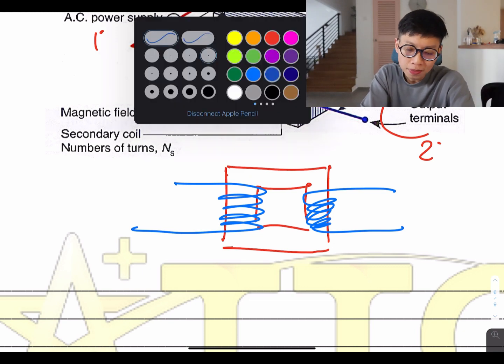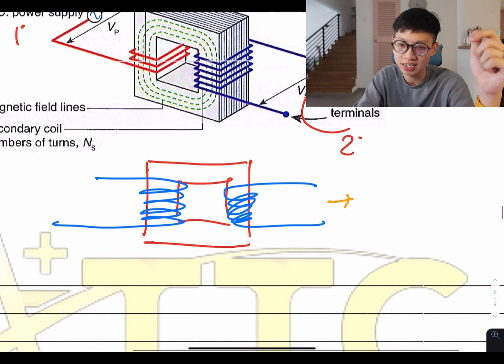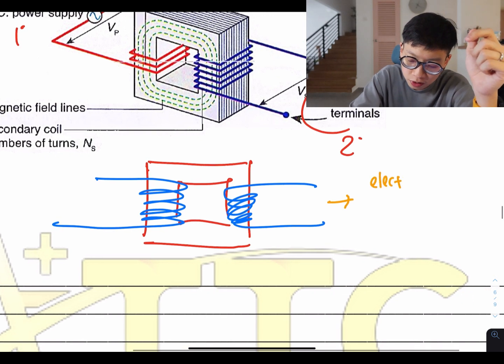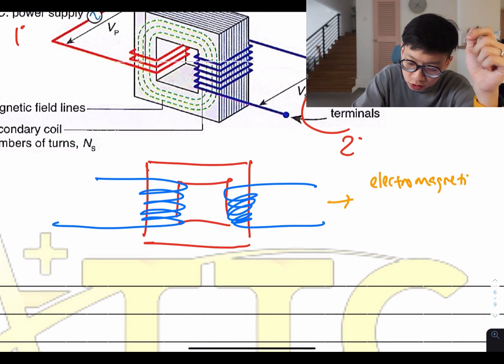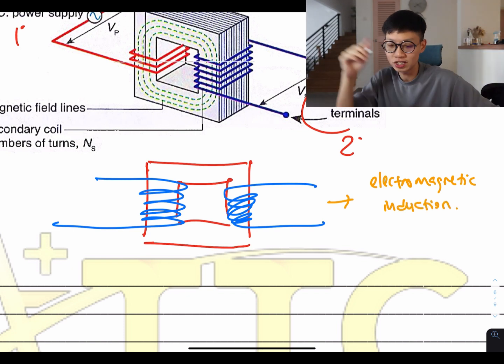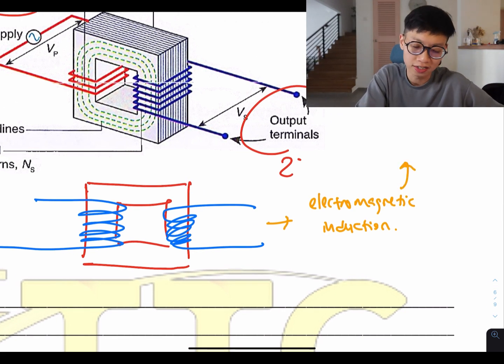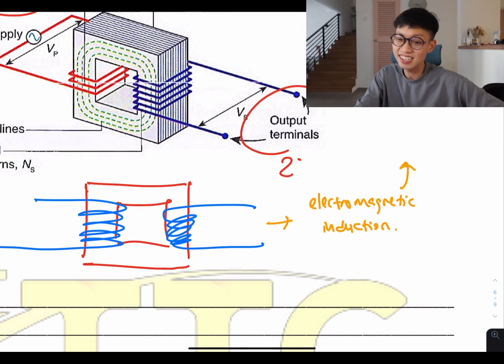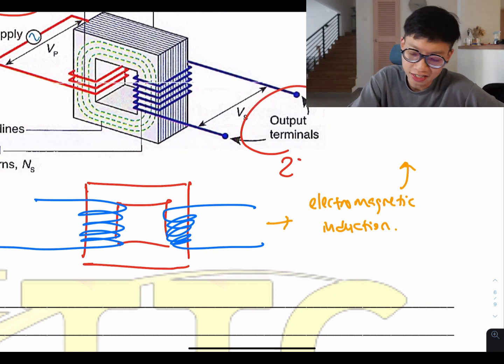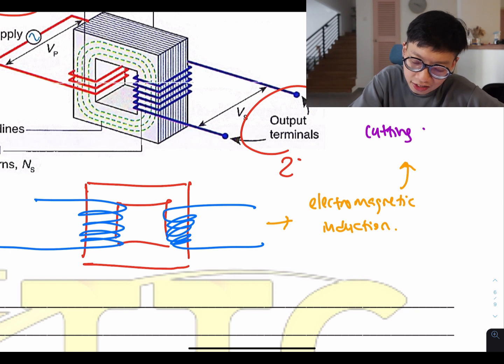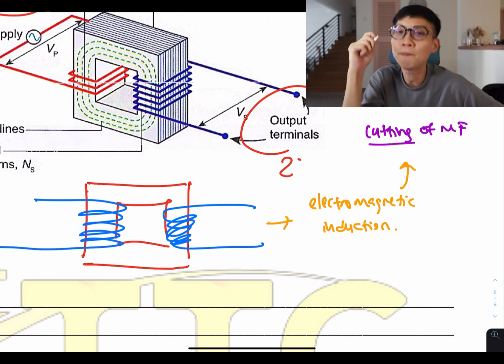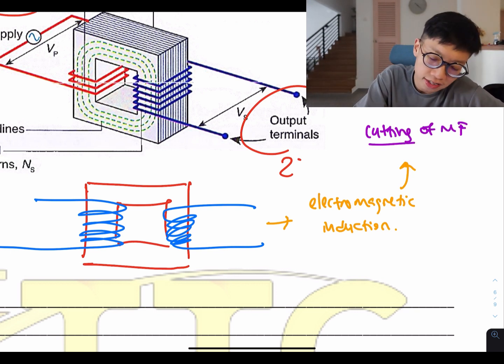Because number one, the working principle of a transformer is based on electromagnetic induction. So what is electromagnetic induction? In electromagnetic induction, guys, this one is very likely in SPM. Electromagnetic induction has to do with the cutting of magnetic flux, but the better way of saying it is the change in magnetic flux.